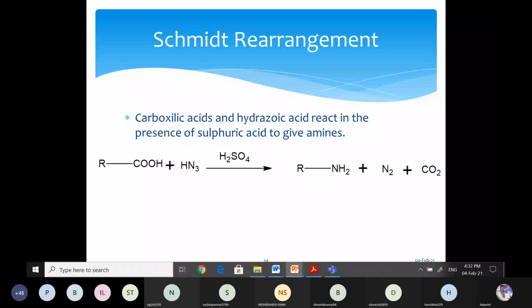Whenever required, we can prepare it by reaction between NaN3 and H2SO4. So an in situ reaction takes place between NaN3 and H2SO4, and we get HN3. Now this HN3 will react with carboxylic acid, and in several steps we will get amine. How it forms, we are going to discuss via the mechanism.